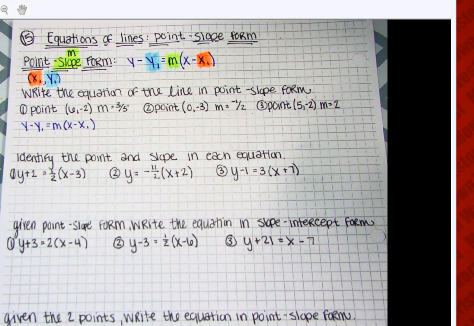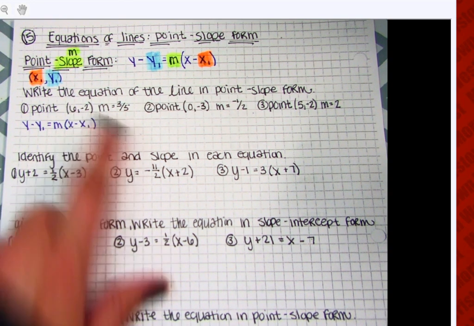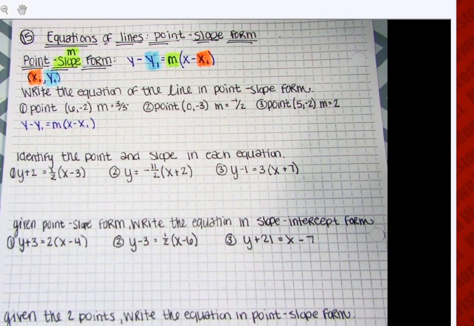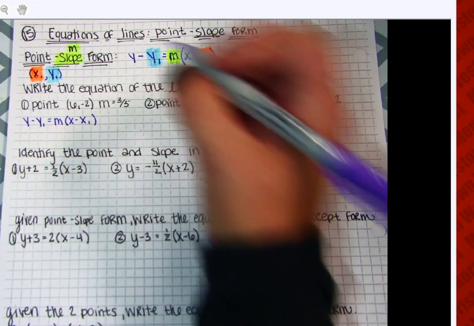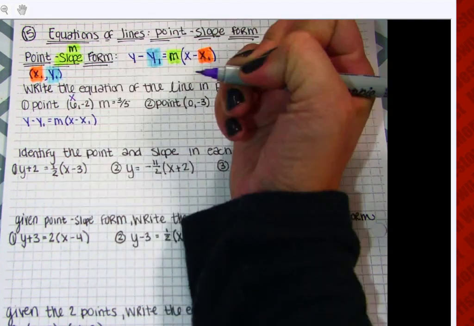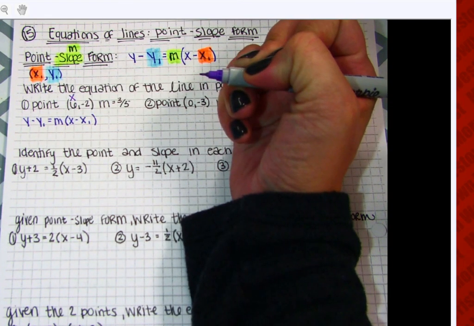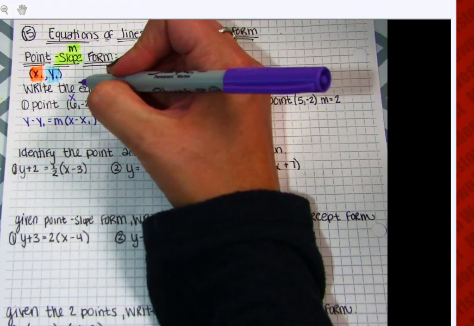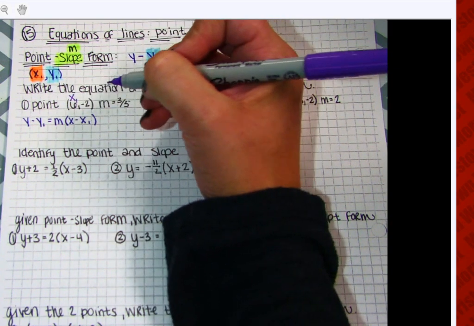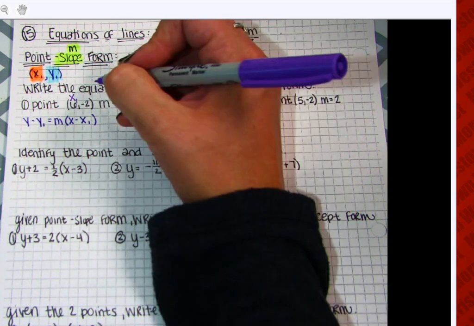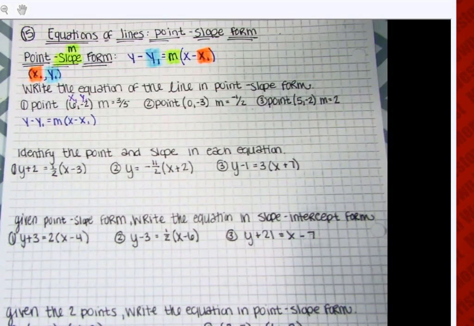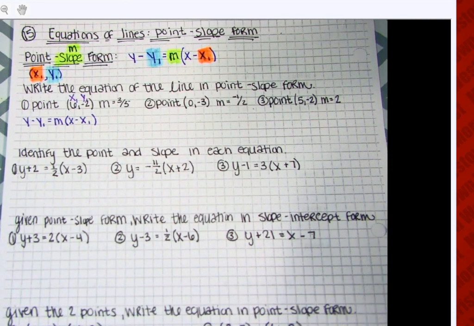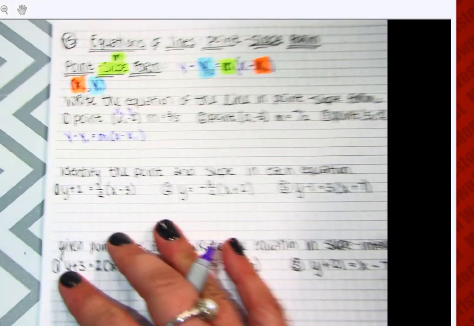So how do I label 6, negative 2? Which one's x? 6 is x. What has to go after the x? X what? X1. Then what's negative 2? Y1. Yeah, the ones mean group 1. That's all they mean. They have no other significance other than first set of points. So I'll zoom into that so we can see it a little closer.